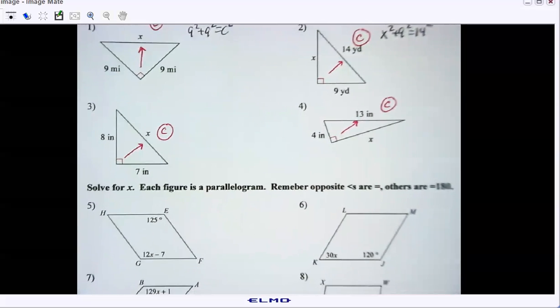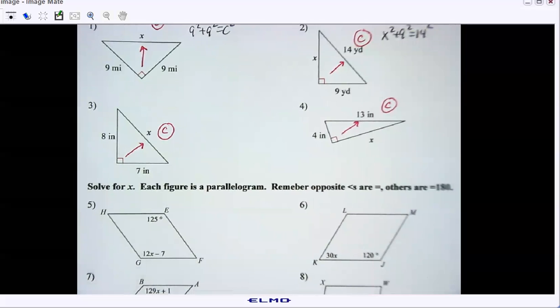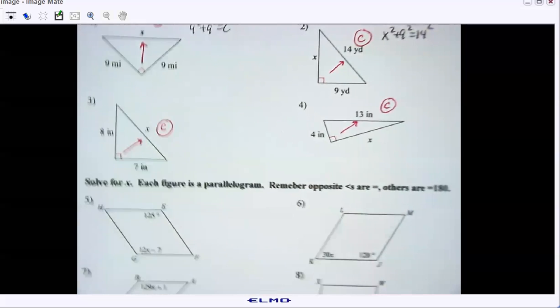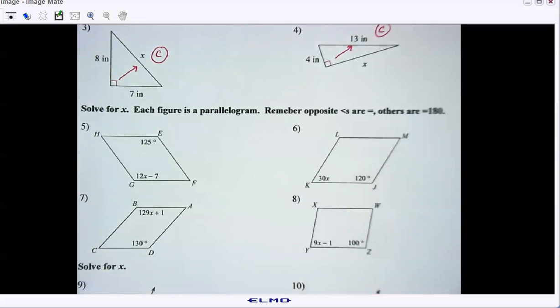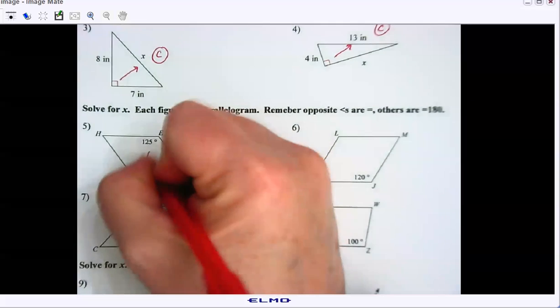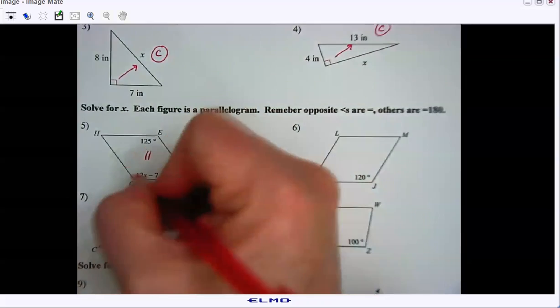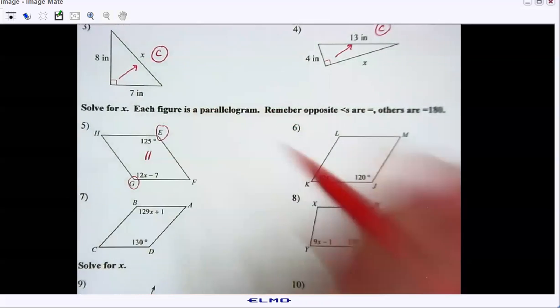But for number 5, are we going to set those numbers equal to each other or add them together and equal 180? Are equal to each other? Yep, very good. We're going to set them equal to each other because they're opposite.